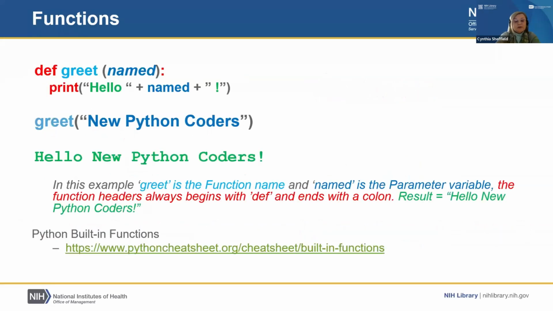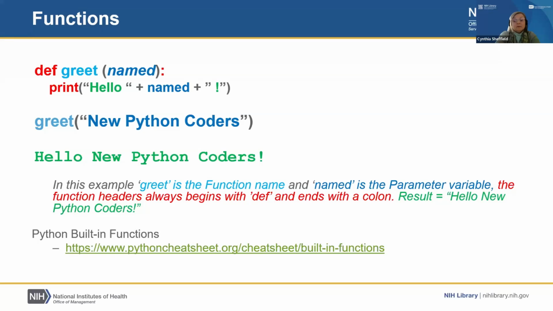Functions are blocks of code that perform a specific task or analysis or maybe create a parameter. Functions return some result, and this additional information can be passed into other functions as an argument. Functions always start with DEF and then list the function and the parameter being called by the function. In this example, greet is the name of a function, and it's calling the parameter variable named.